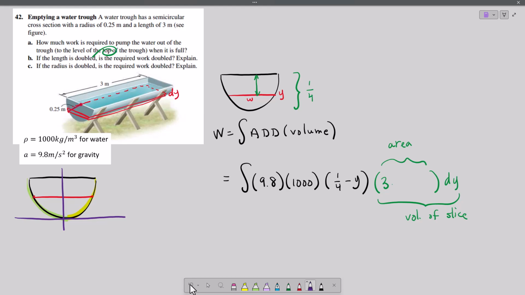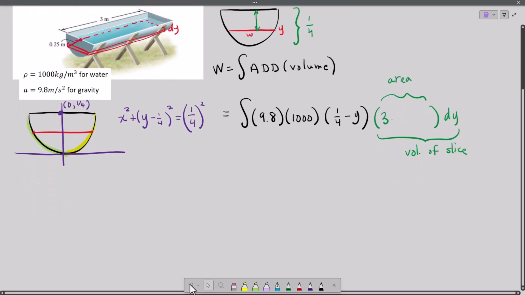So this circle is x squared plus y minus the vertical shift, squared, equals the radius squared. The radius is 1/4, so we square it. And this vertical shift, the center up here, is 0, 1/4, because the radius is 1/4, so that distance is 1/4. So this is going to be y minus 1/4 quantity squared. So there's the equation of the circle.